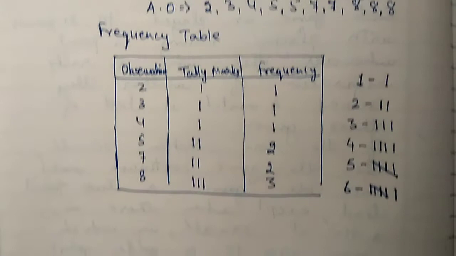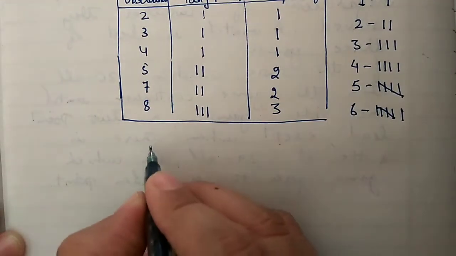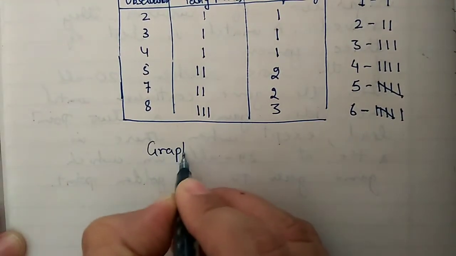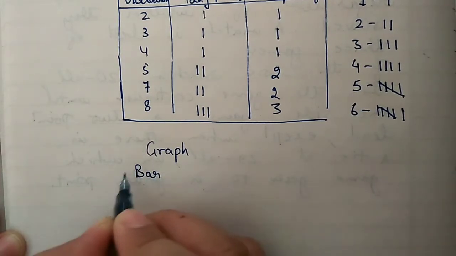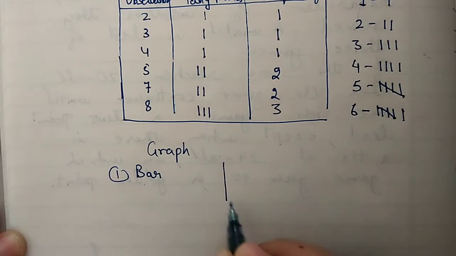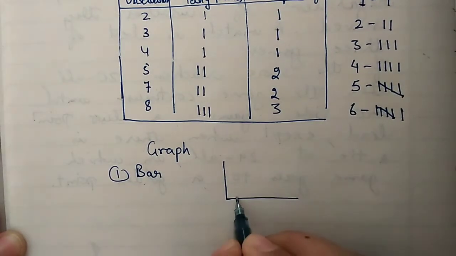Another way of representation is graph also. In graph we have many types, like bar graph. In bar graph, you have to represent your data by bars.